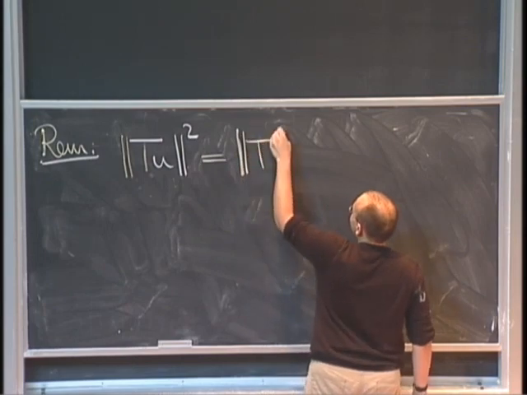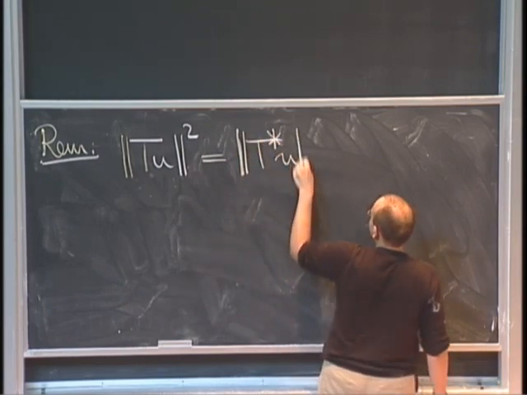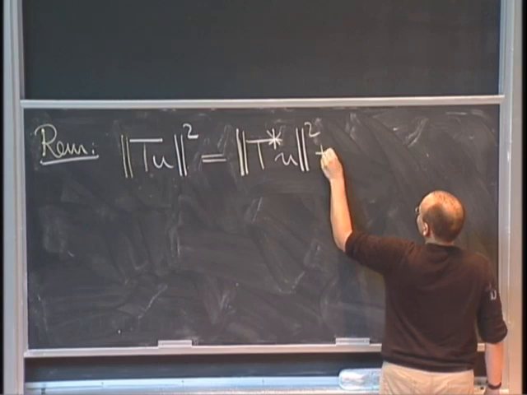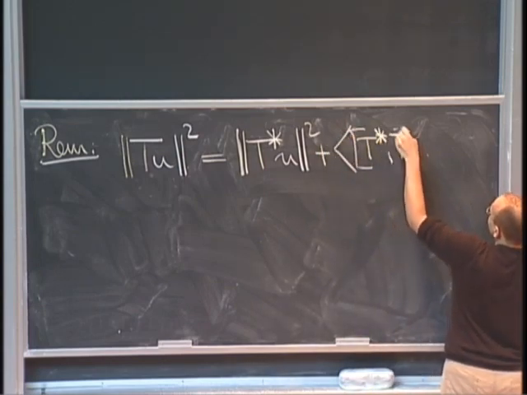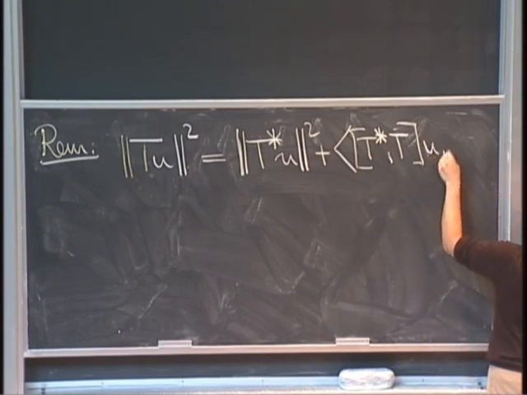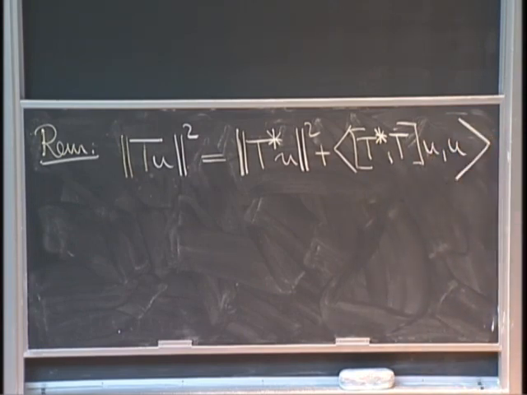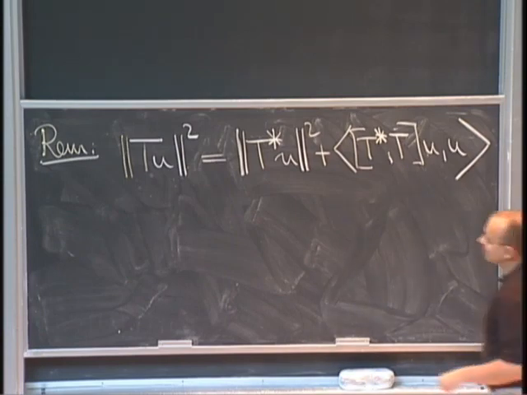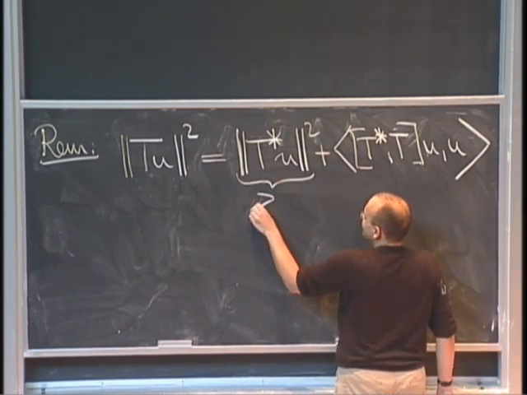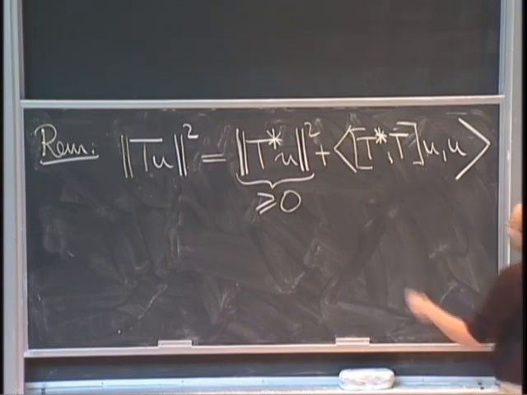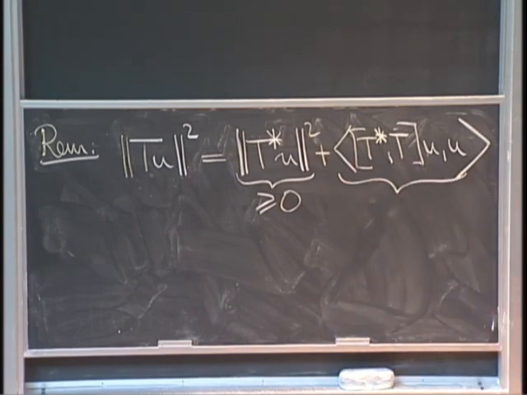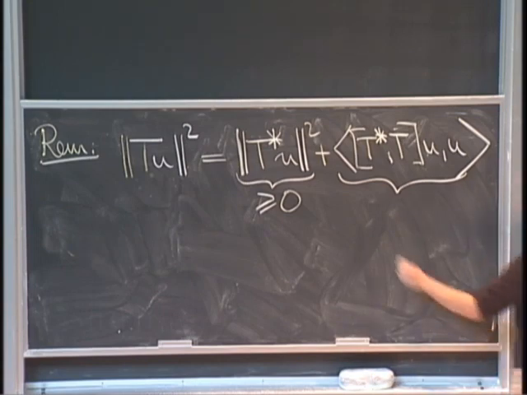And this is going to be the same thing as the norm of T star u squared plus a commutator term, T star T u. It's almost a tautology, but the idea is that this at least has a sign, so it's not a bad term, but you don't particularly care. And from this commutator term, maybe if you're lucky, you're going to be able to extract some sort of positive constant.